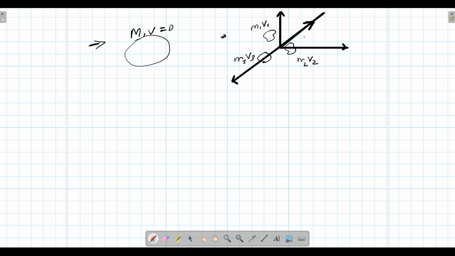This momentum is p3 and this is the resultant, root over p1 square plus p2 square.